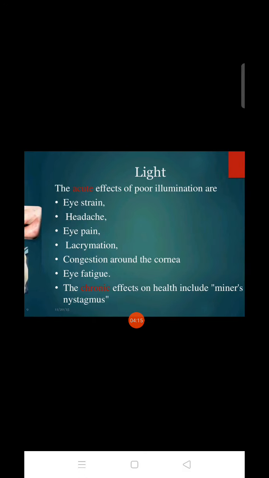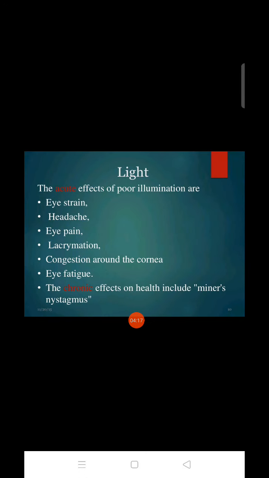Next is light. The acute effects of poor illumination are eye strain, headache, eye pain, lacrimation, congestion around the cornea, and eye fatigue.